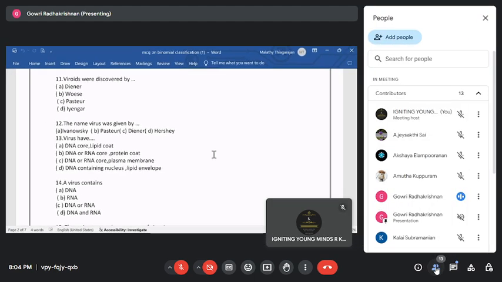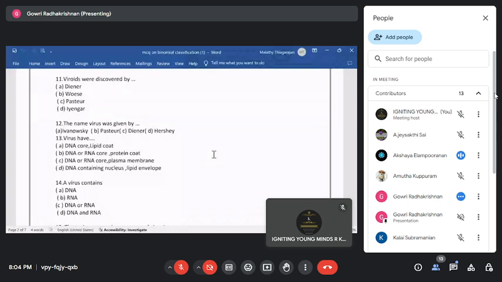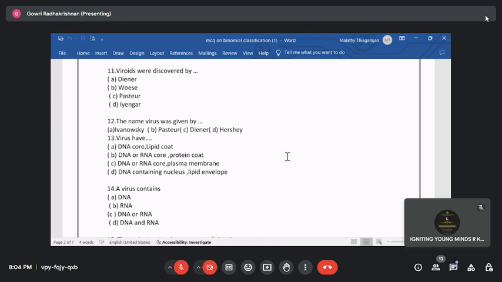Can anyone tell me what viroids are? They are the infectious RNA found without the protein coat, ma'am. We address them as pathogens.